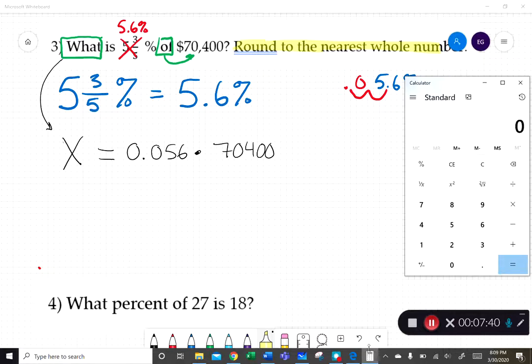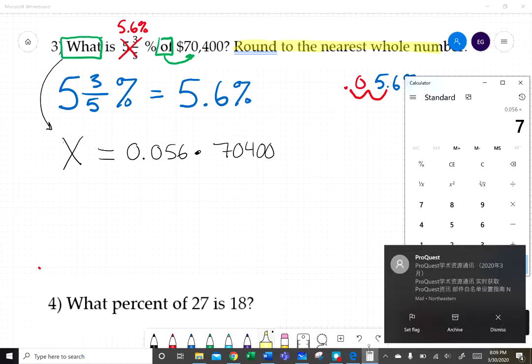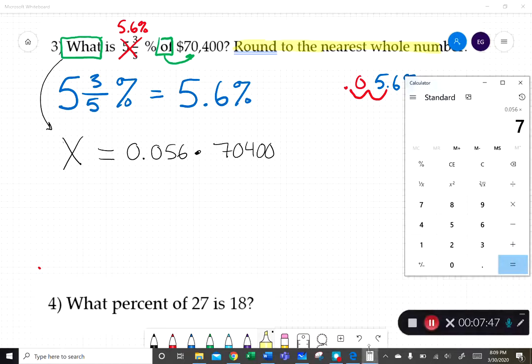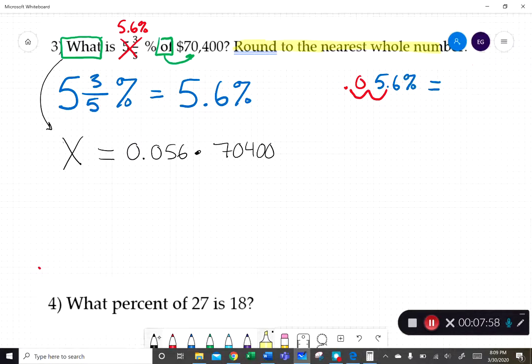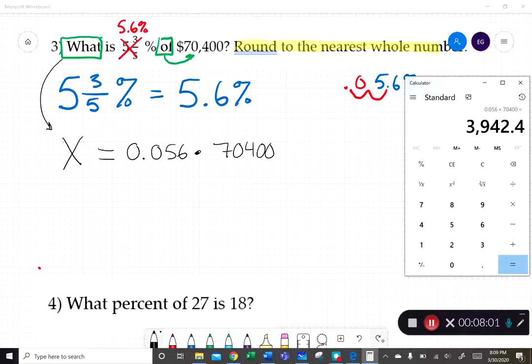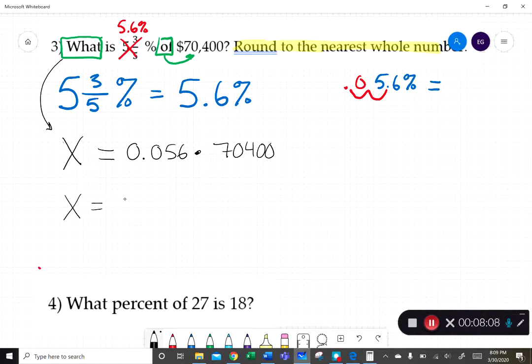So let's say 0.056 times 70,400. And that's 3,942.4, or we'll round that to the nearest whole number, which would be $3,942. So x is equal to 3,942.